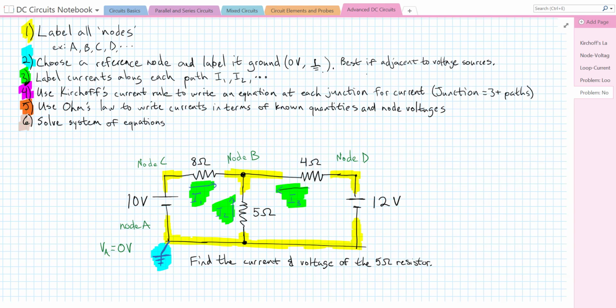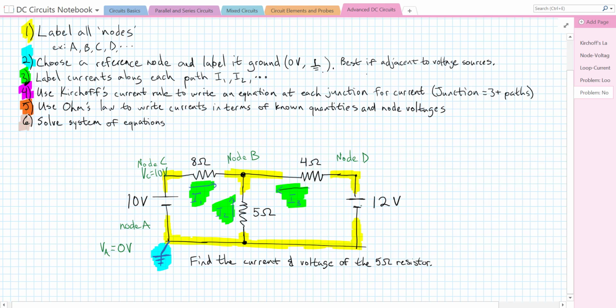So we have our currents drawn up, and our goal is going to be to find the voltage, or really the potential, at all of these nodes, or at least the nodes that we care about. Really, we only need node B. So what we're going to do is write down the voltage of all of the nodes that we actually know. Since this is the ground, this is 0 volts. If we go across this EMF source, this voltage source, we have an increase of 10 volts. So I'm going to label the voltage at C equals 10 volts.